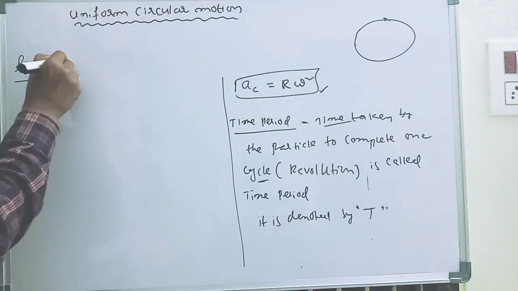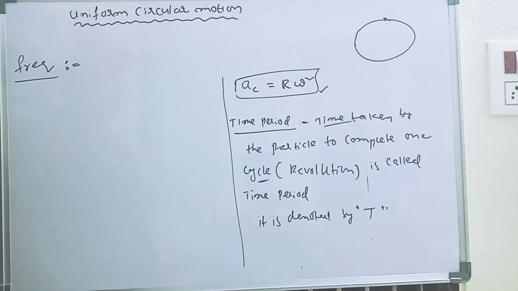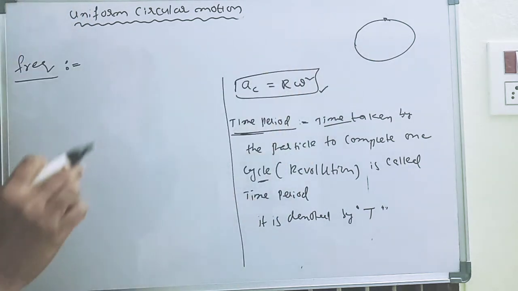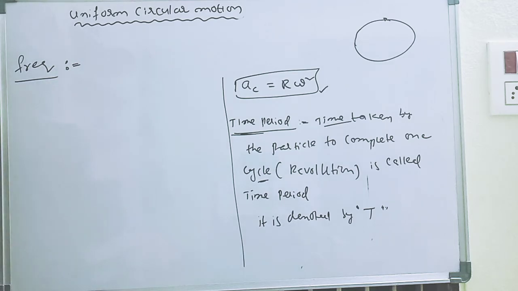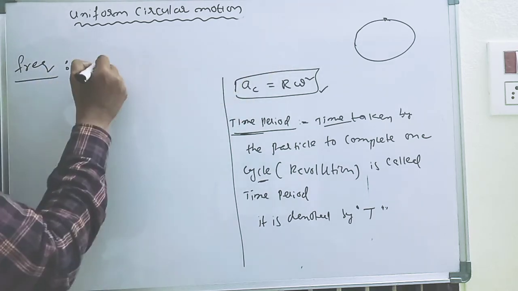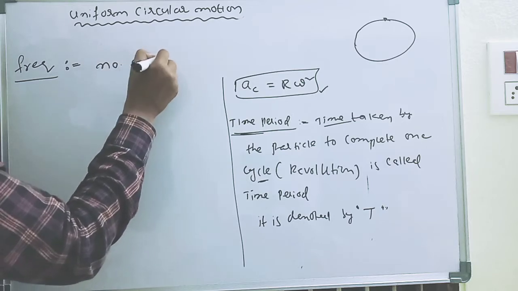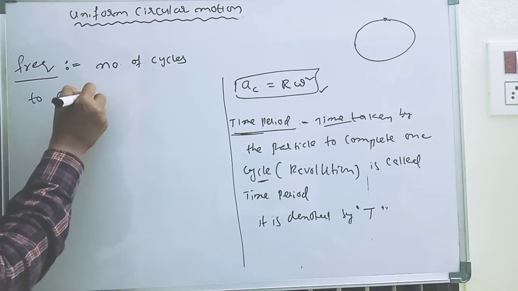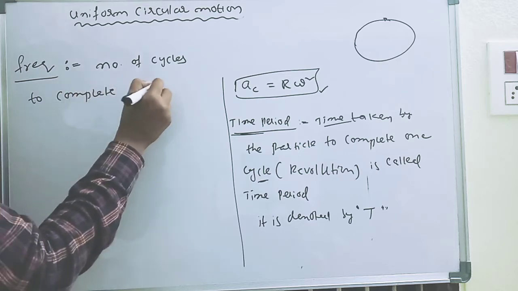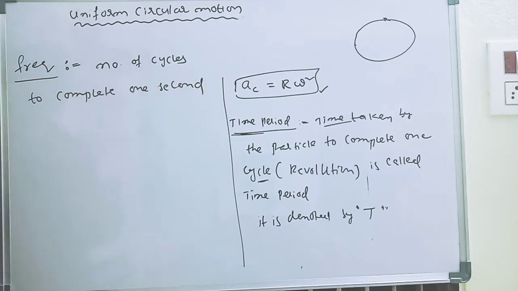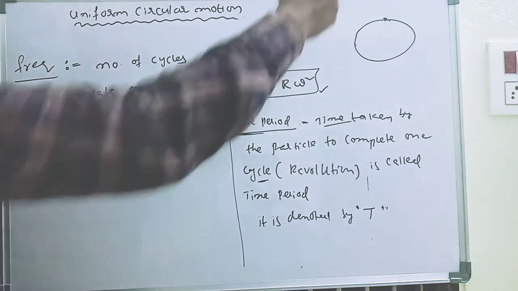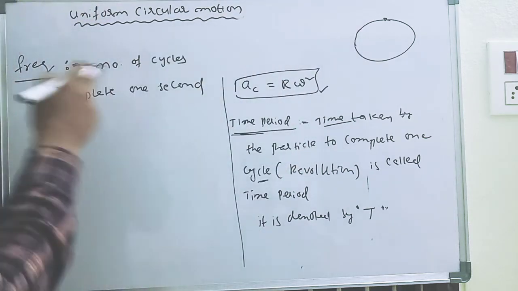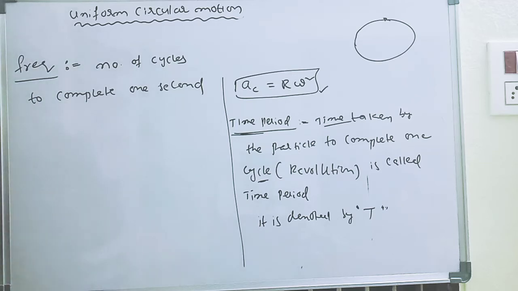Frequency means the number of cycles completed in 1 second. How many cycles are completed in 1 second, that is called frequency.